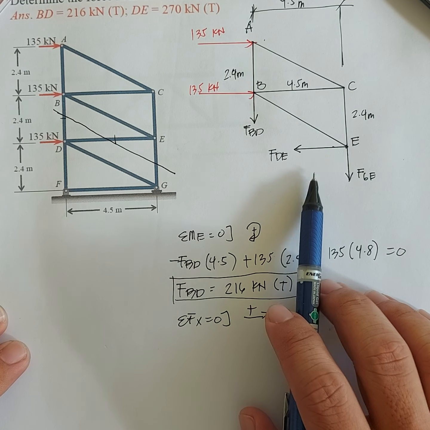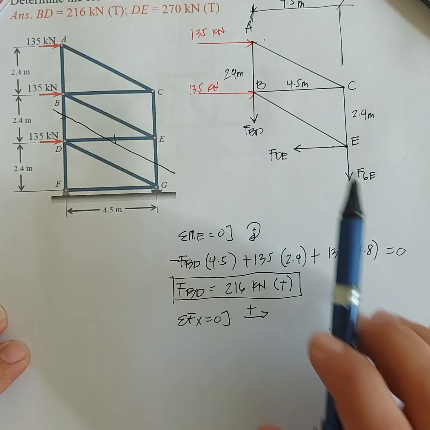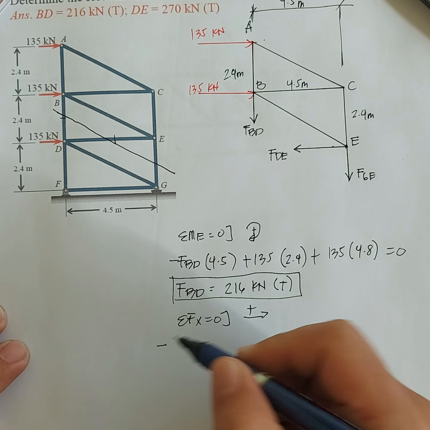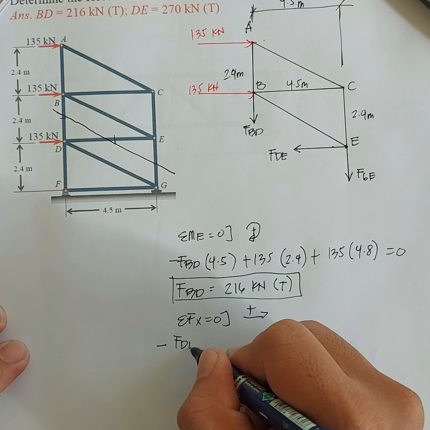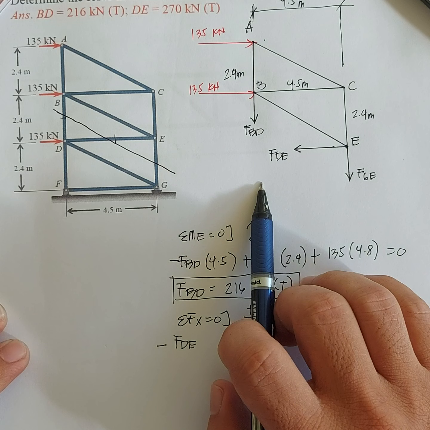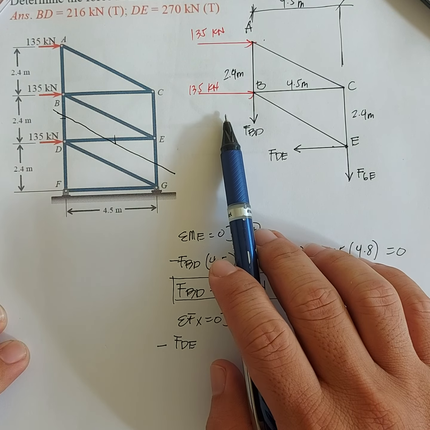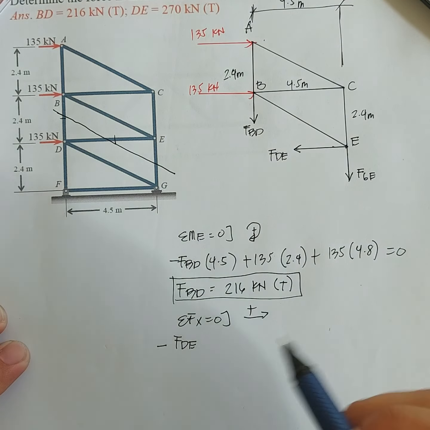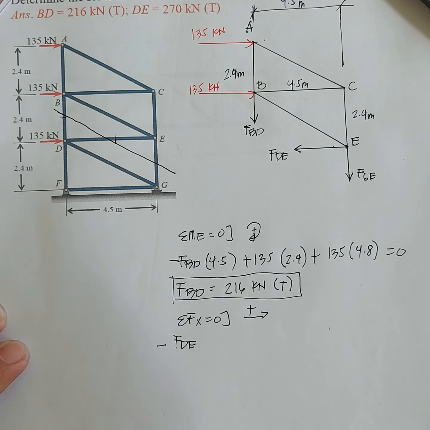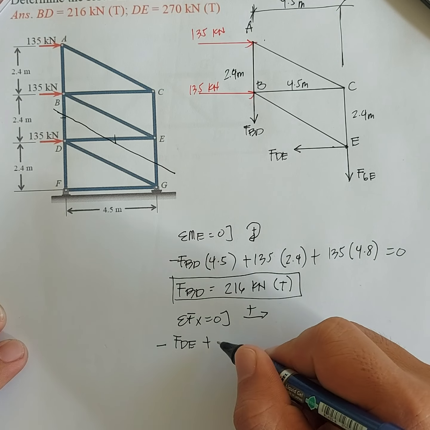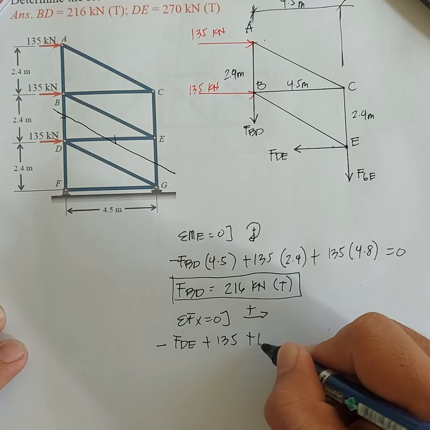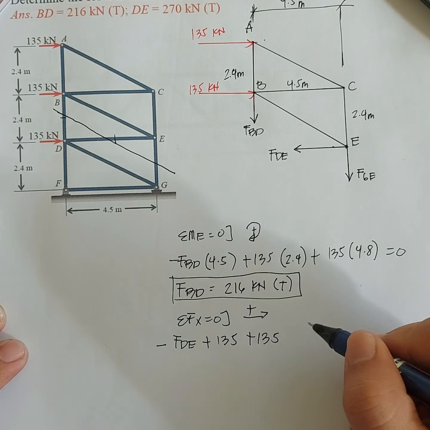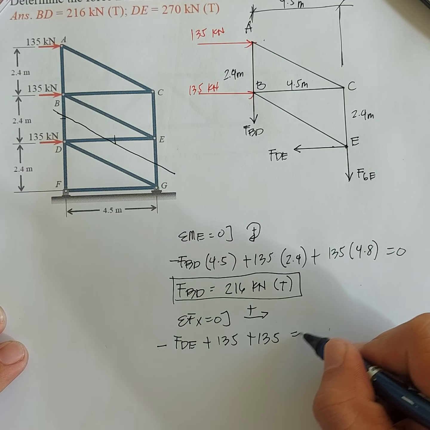FDE, we have assumed it to be to the left, so that's minus FDE. And then, yung mga horizontal forces natin, yung mga external forces, which are directed to the right. So, plus 135 plus 135, that is equal to 0.